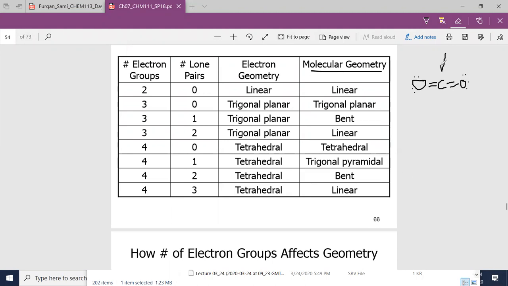Our focus is always on the central atom. So how many electron groups do we have? We have actually 2 electron groups only. This double bond is considered as 1 electron group, and this is considered as the second electron group on the central atom. So 2 electron groups, 0 lone pair. There is no lone pair on the central atom. Okay, so we are here on the chart, on the table.